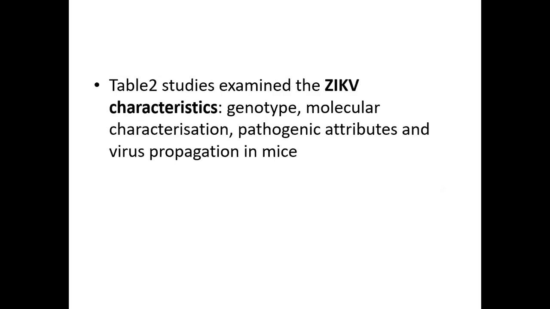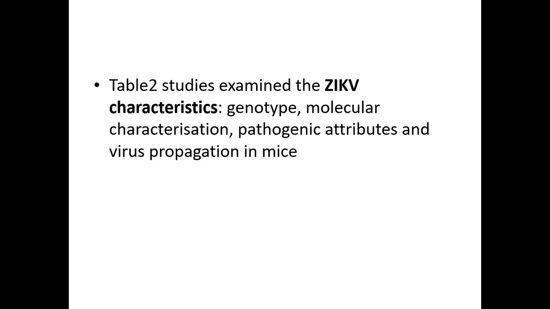Another study examined Zika virus characteristics, including genotype, molecular characterization, pathogenic attributes, and virus propagation marks. So this is the scoping review here, just to know the characteristics of Zika virus.